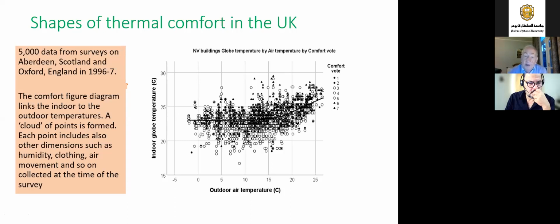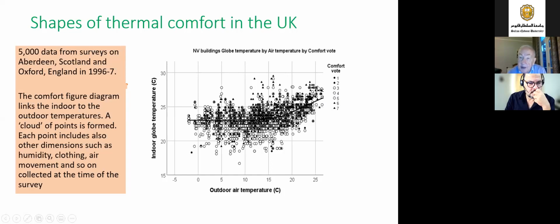And what this graph shows, according to the scale on the right-hand side, is the comfort vote. This is so that 1 is cold, 2 is cool, 6 and 7 are hot, and all the rest in the middle are either neutral or slightly warm or cool.